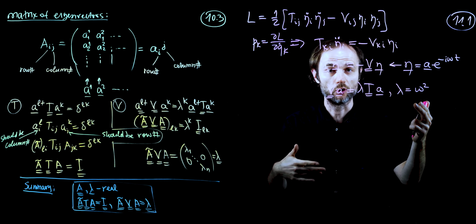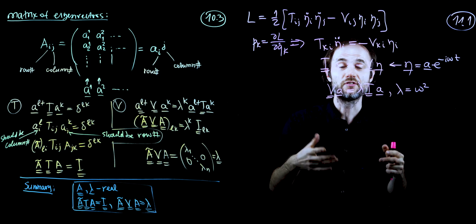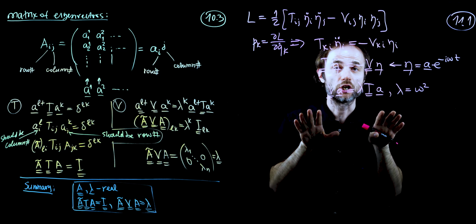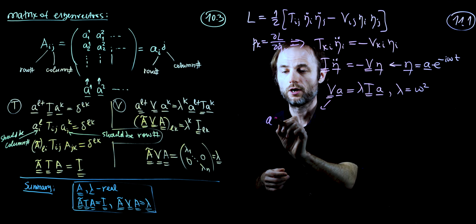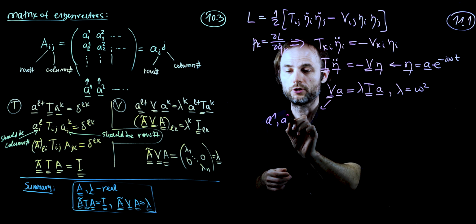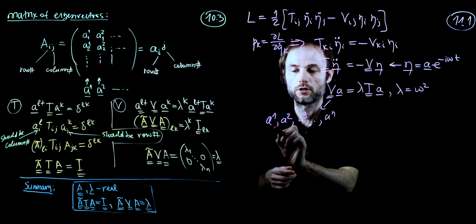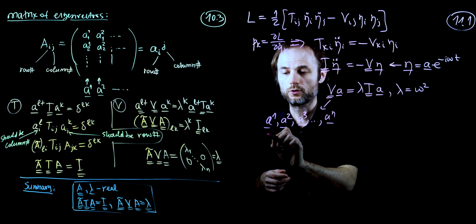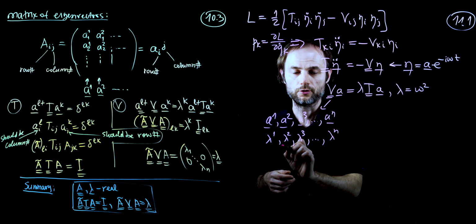Each solution has its own eigenvalue or eigenfrequency, and it also has its own eigenvector, or kind of the direction of the oscillation. So we've gotten out of here a bunch of different eigenvectors and also a bunch of different eigenvalues.